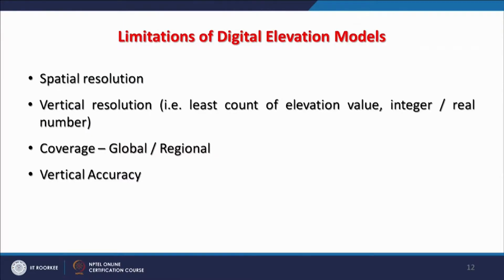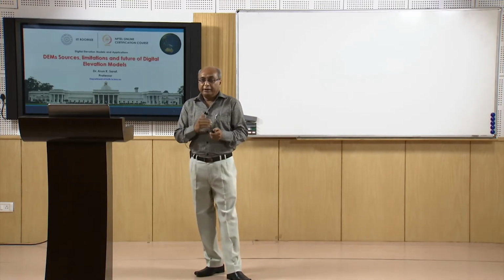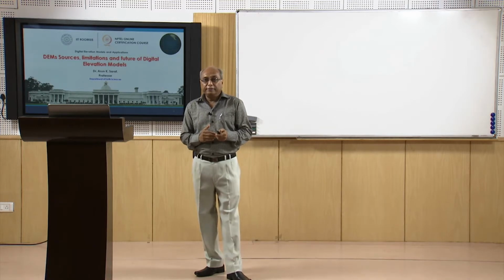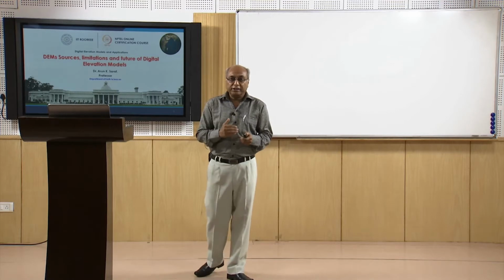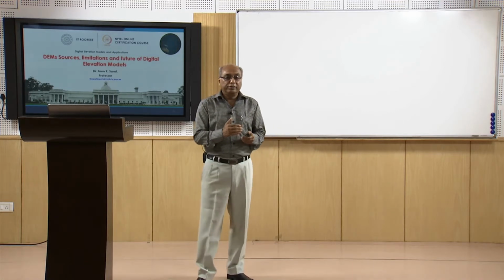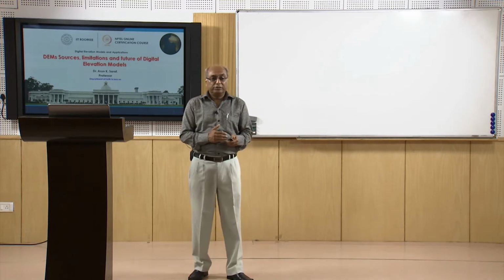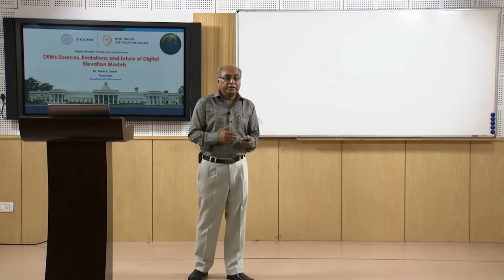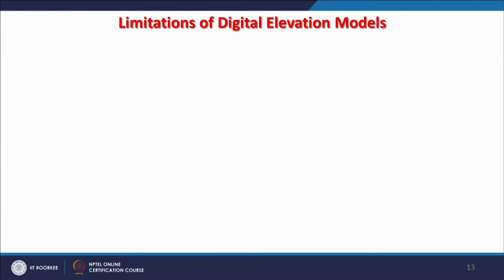Vertical accuracy we have already discussed, and that plays a very important role. So while considering a digital elevation model for any study, one should assess its availability on the criteria I have just discussed: spatial resolution, vertical resolution, coverage and vertical accuracy.